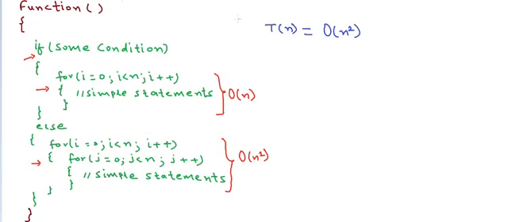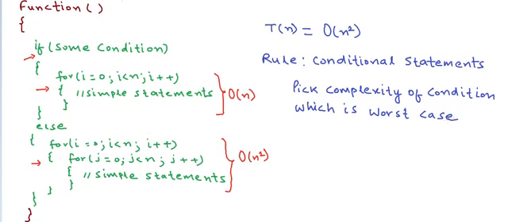So in case of conditional statements, you do not simply add up the fragments or calculate the time taken as the sum of the two running times, but you pick up the maximum of the two. So we have this rule for conditional statements: pick the complexity of the condition which is the worst case.